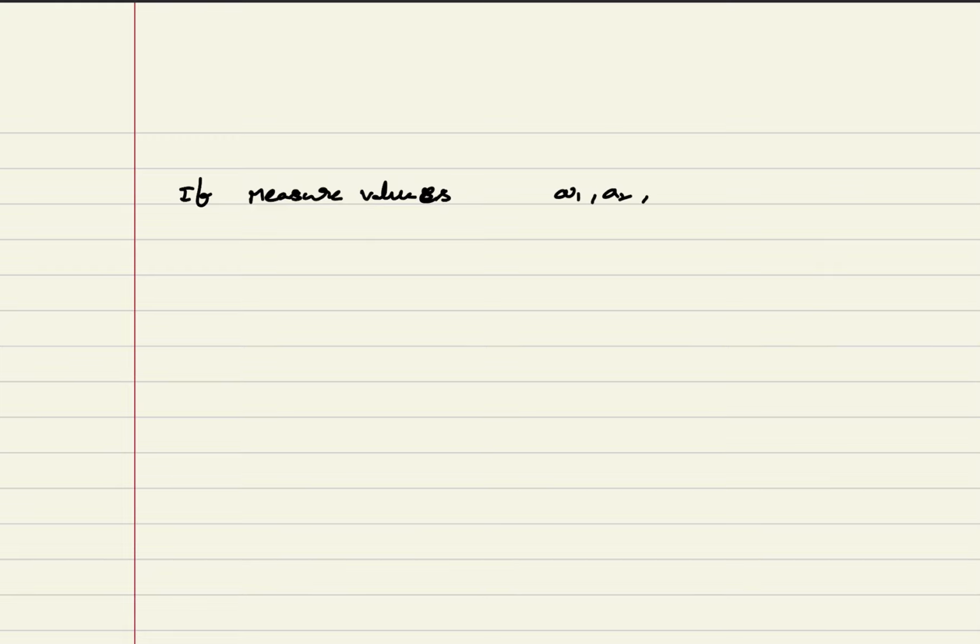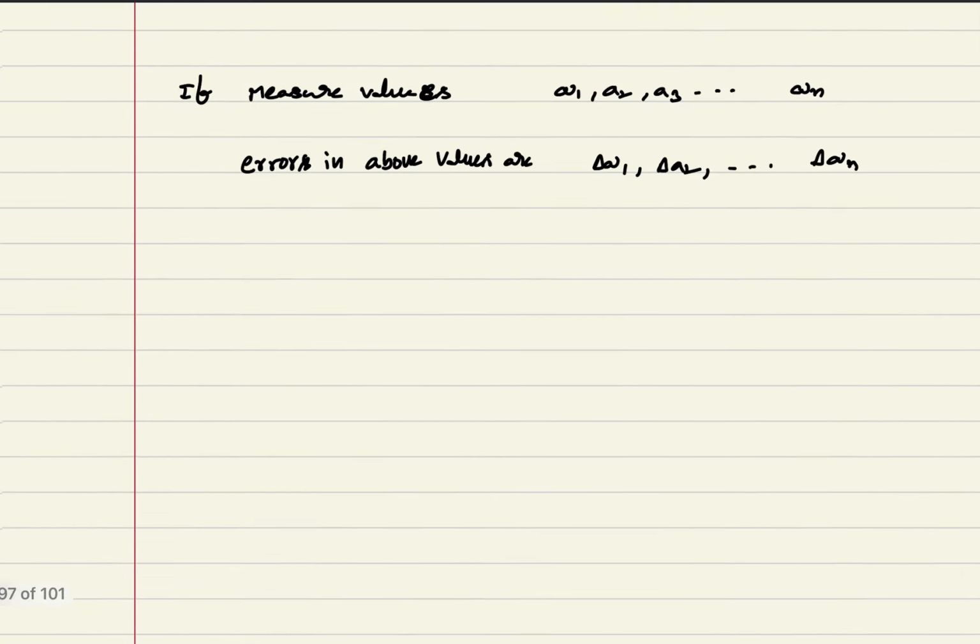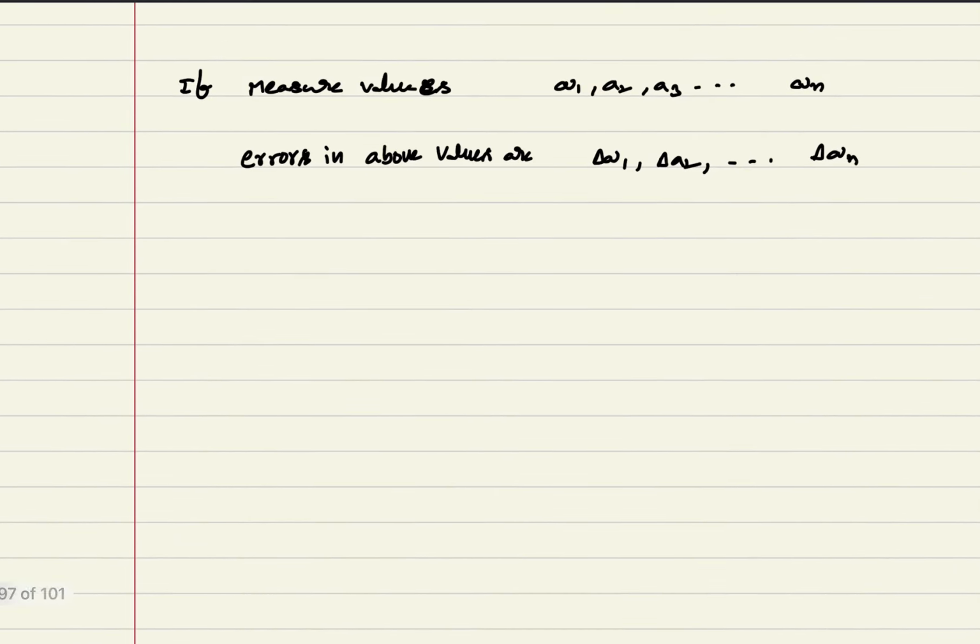If in any case the measured values are A1, A2, A3, up to AN, then the errors in those values are considered delta A1, delta A2, up to delta AN.